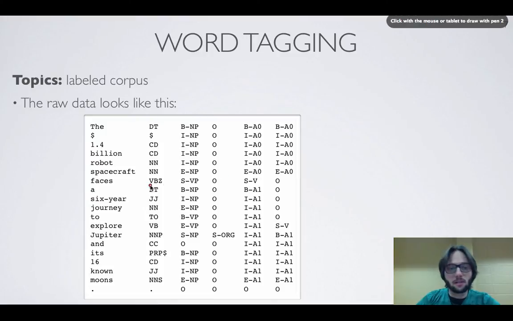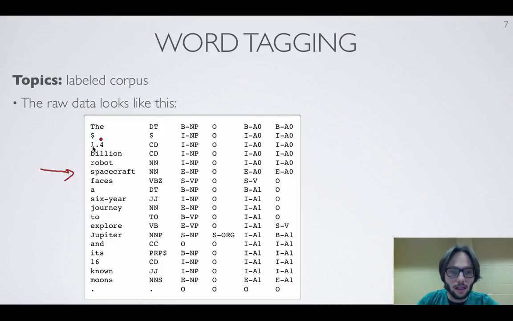Whenever data sets are distributed with word tagging information, the raw data usually looks like this. It's a text file, and essentially each line in the file corresponds to one word and all of its tags. The different tags are arranged into different columns.